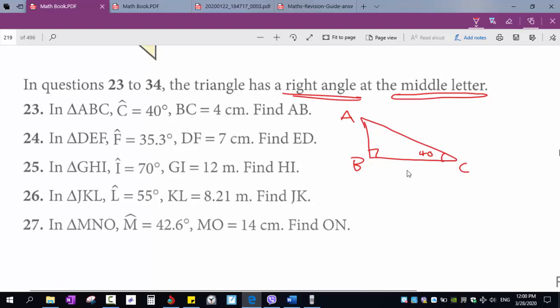BC is 4 centimeters. Find AB. Look at the question again. ABC is a triangle. Okay, the right angle is with the middle angle. Okay, angle C is 40 degrees.